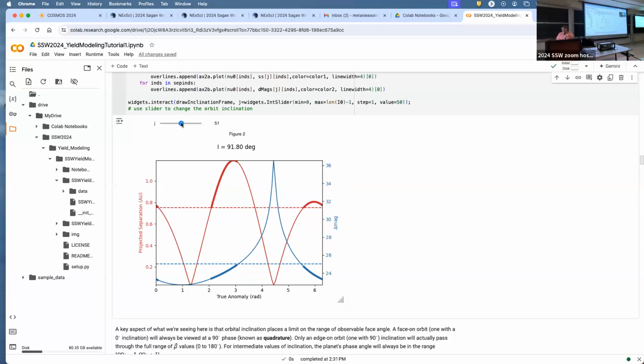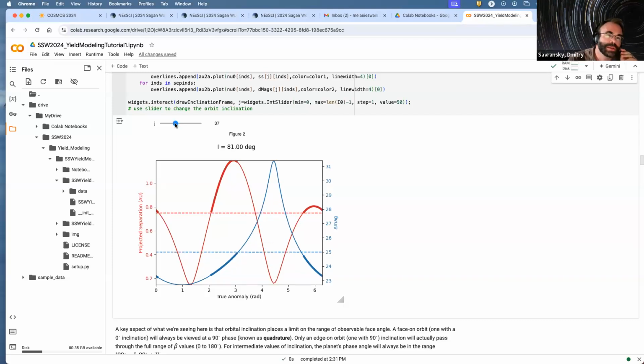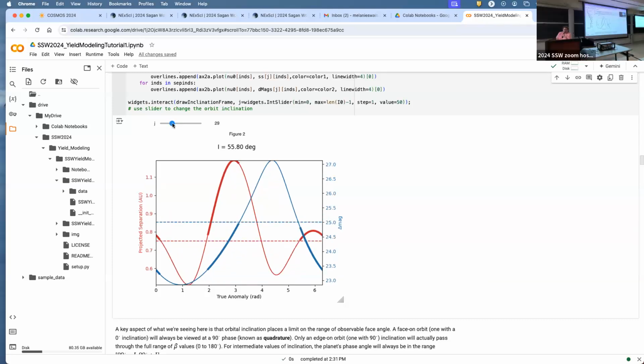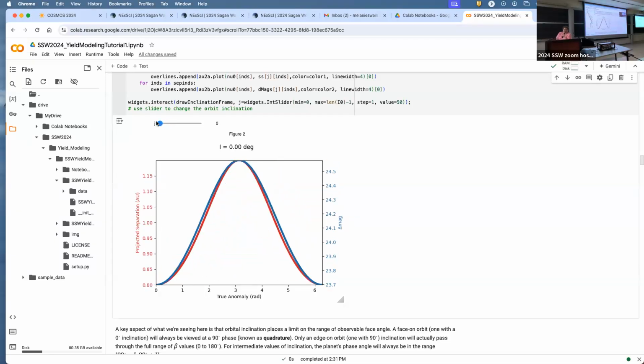That doesn't look like edge on to me. No, that's right. I thought it was supposed to go to 0 when we do edge on. Because when we do face on, we have 100% access.